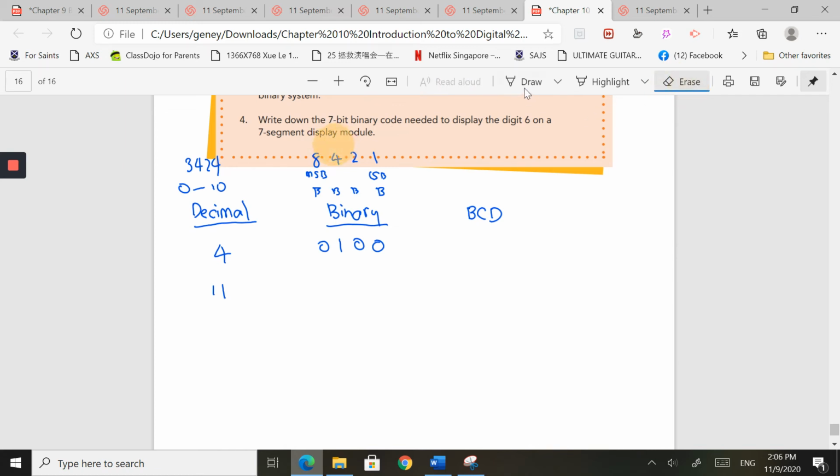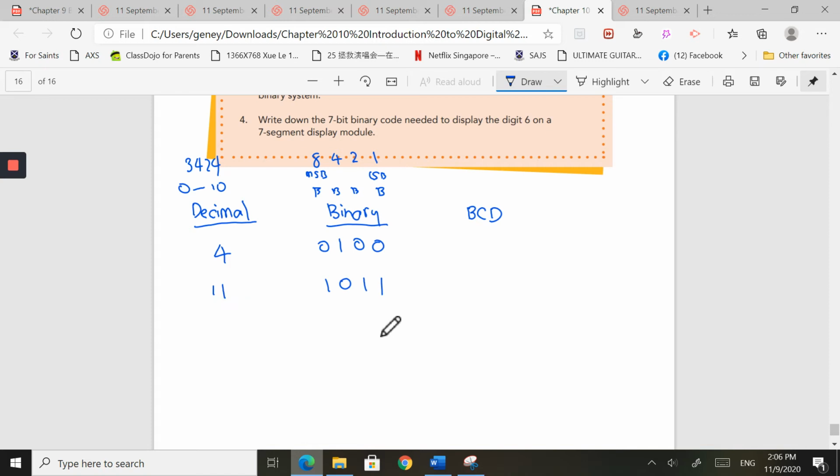To make up 11, I want 8, I want 2, and I want 1. 8 plus 2 is 10, 10 plus 1 is 11. So yes, it gives me 11. I do not want the 4 now. So to get 11, I want the 8, I don't want the 4, I want the 2, and I want the 1. This is my binary equivalent to decimal.